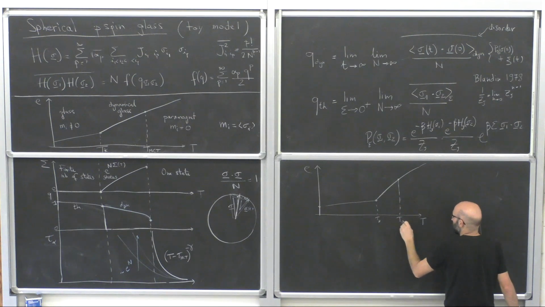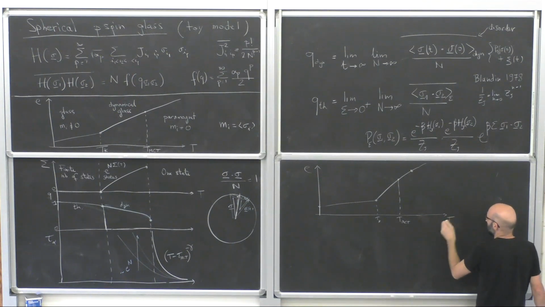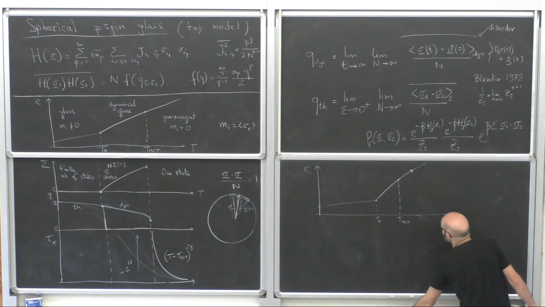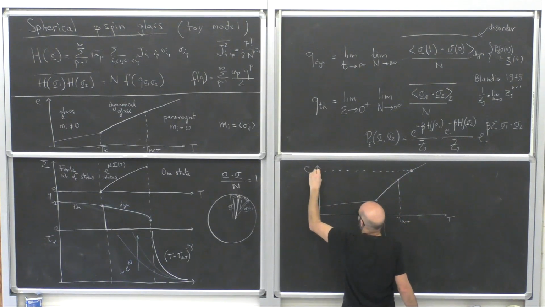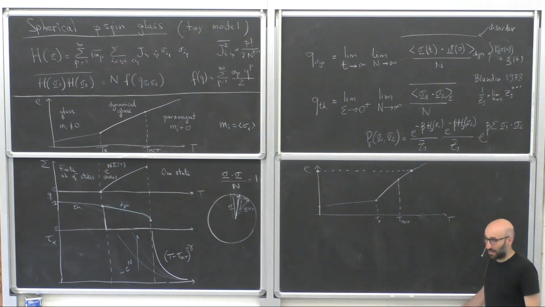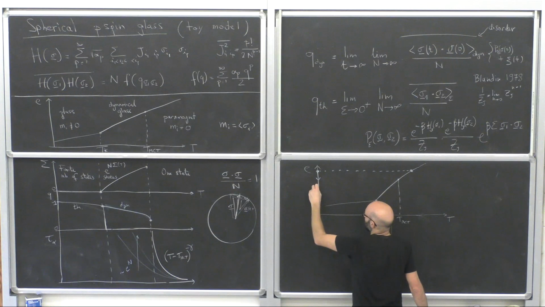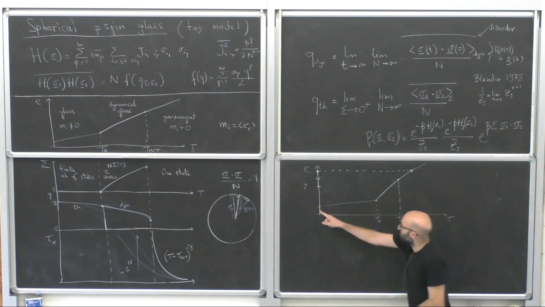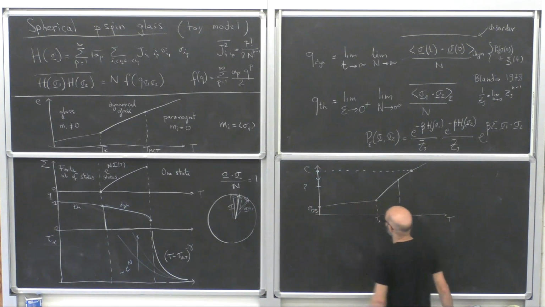We are going to prepare the system in equilibrium at some initial temperature T. And then we are going to bring instantaneously the system to 0 temperature, and then we let the system relax. We expect that the system will go down in energy. And the question is, where does it stop? Do we reach the ground state? Here is the ground state energy, or not.